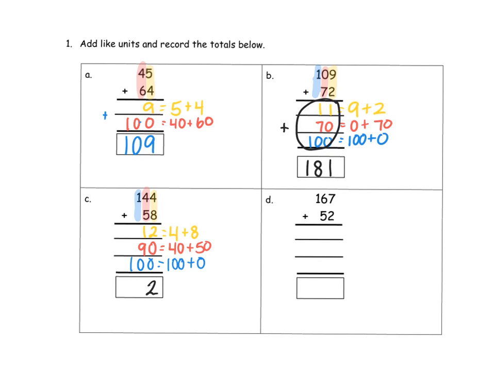And then I have 1 plus 9, that's 10. Plus 0 is still 10. So I'm going to put a 0 here, and I'm going to carry my 1 over. And then I look at my hundreds, and now I have 1 plus the 1 extra that I carried over. That leaves me with 2. So my answer is 202.